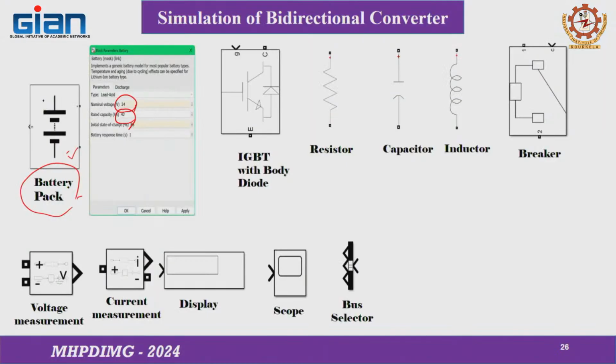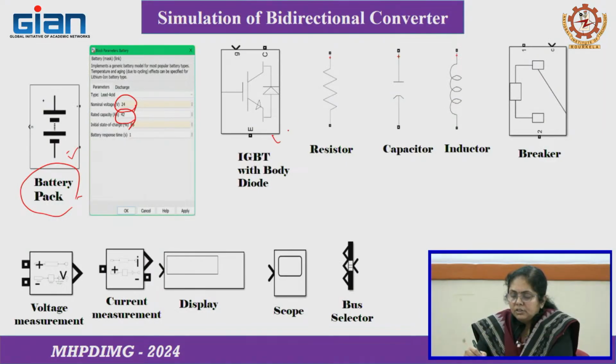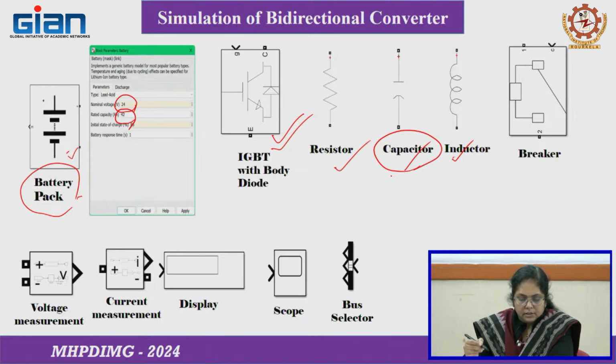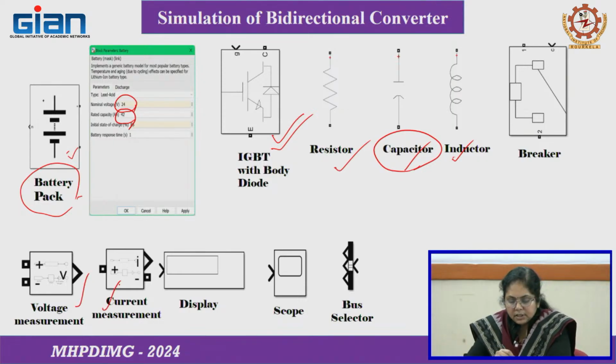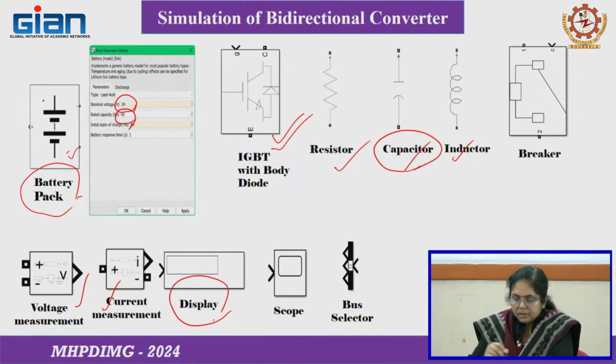The IGBT is used as a switch, then the RLC components, the filter components, the inductor, the input capacitor and output capacitor, and this is the voltage and current measurement unit which will show you the measured currents. And this is the display, where you can see the results through the scope, and it will display the values.